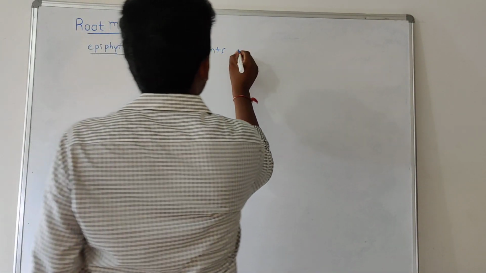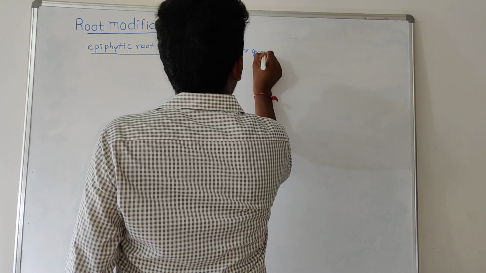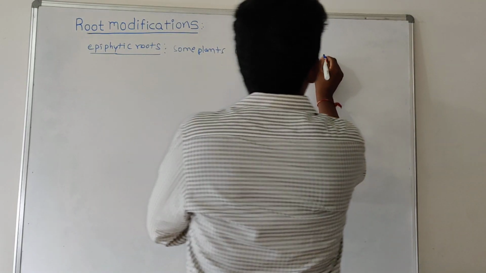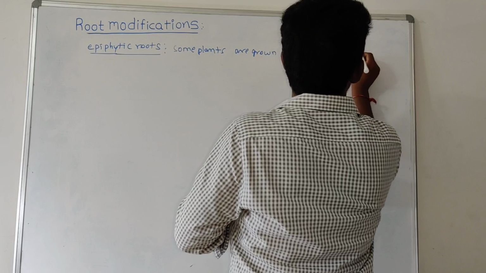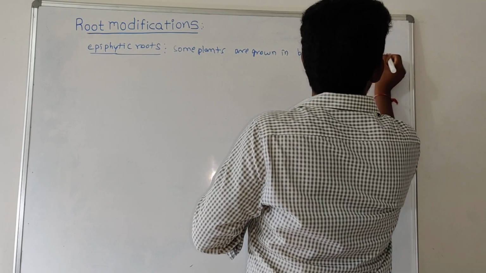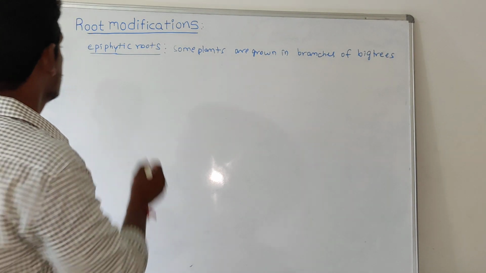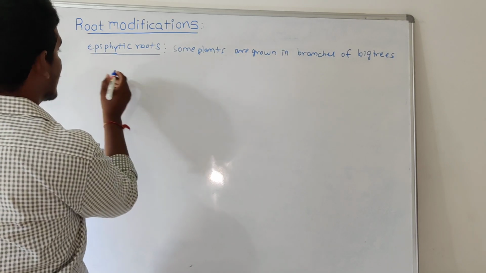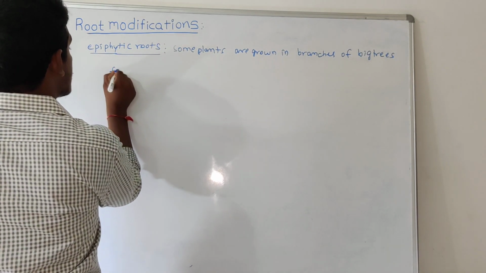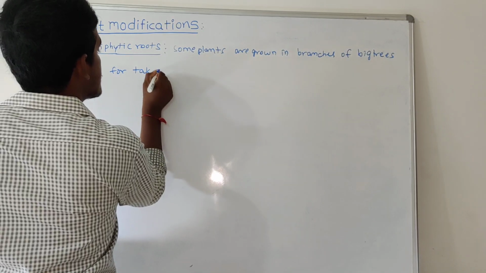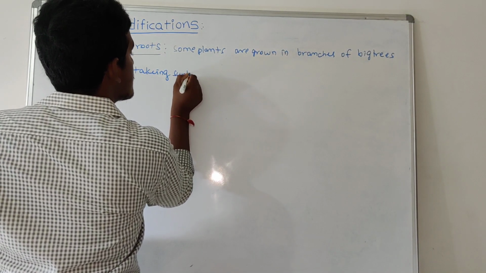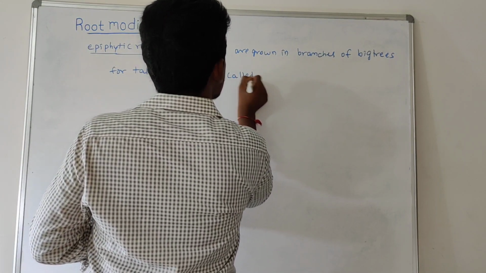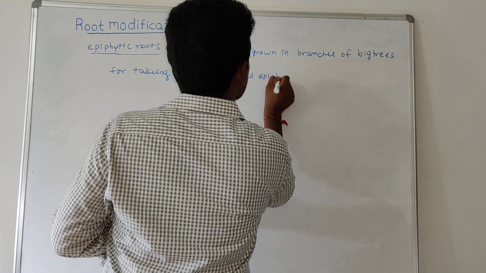Some plants grow on the branches of big trees. Why do they want to grow on branches of big trees? For the purpose of taking sunlight. These are called epiphytic roots.